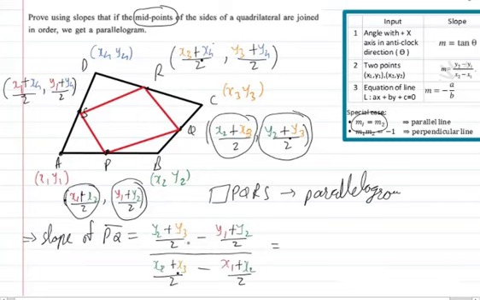Here, as you can see, the by 2 will be cancelled out, and y2 and x2 will be cancelled out, and finally we will get (y3 minus y1) upon (x3 minus x1), which is the slope of PQ. It's just a beginning. We have to find the slope of QR also.